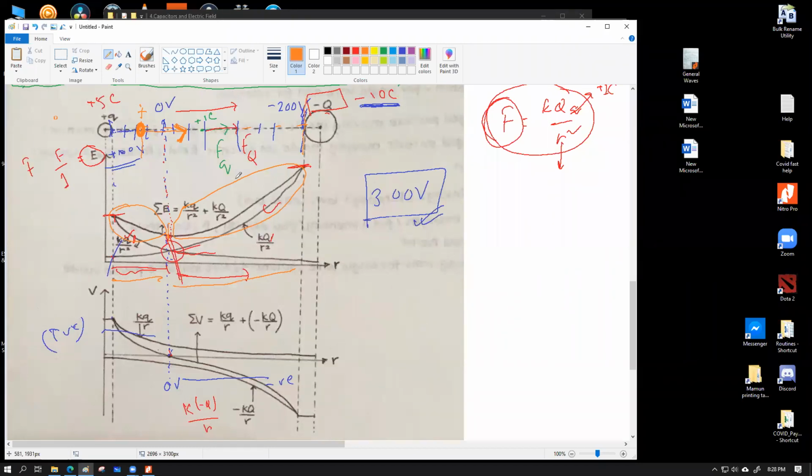So if I try to draw the velocity time graph of this particle's motion from this starting point all the way to the right, for this segment it is going to be increasing at a decreasing rate, because initially you're going to have a very high acceleration, then your acceleration is slowly becoming less and less, but it's never becoming zero.